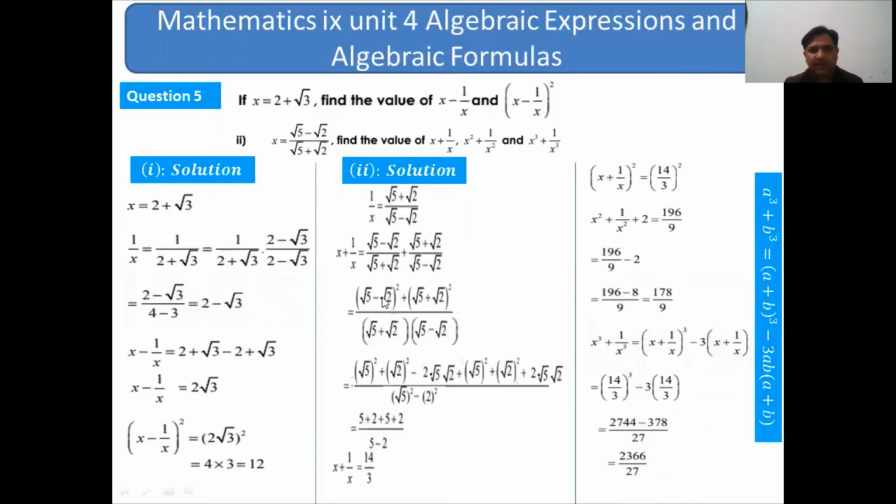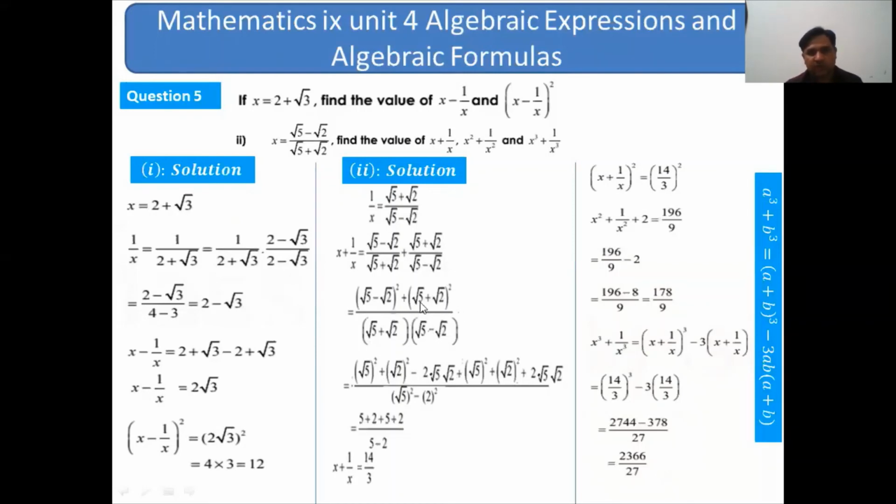Here is a minus b whole square. We use the formula a minus b whole square, that is equal to a square plus b square minus 2ab. So here a is square root of 5, so square root of 5 square plus square root of 2 square minus 2 times square root of 5 square root of 2. Now when we open this formula, this is a plus b whole square.